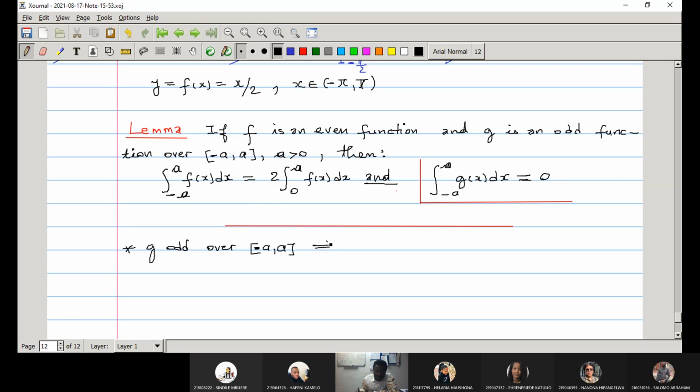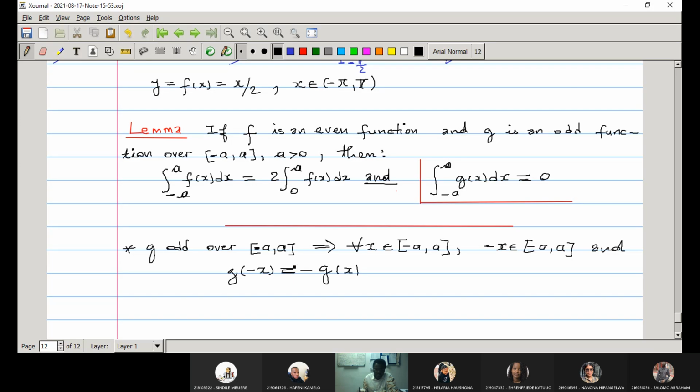So this implies that for any x in that interval, the negative of it is still there. It has to be there. And g of negative x is equal to negative g of x.